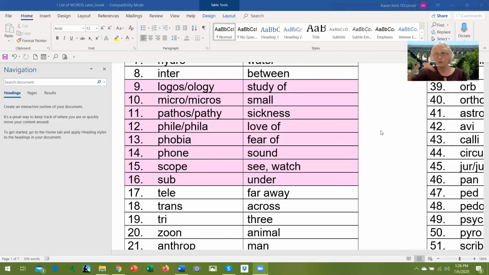A megaphone would be when you're speaking into something and it's projecting a lot more loudly. Microphone, it's kind of the same thing as a megaphone, isn't it? But small sound, microphone, megaphone, large sound.